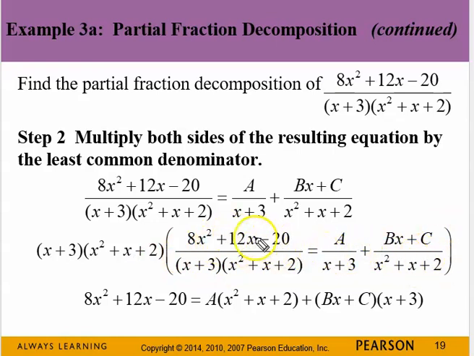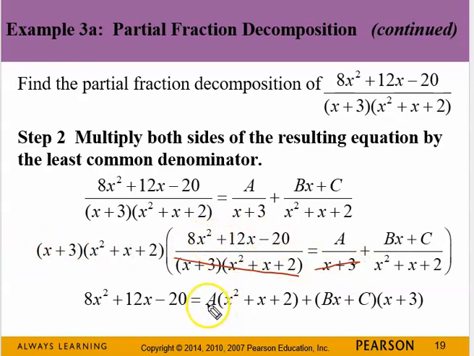So what happens here? Well, this is the easy part. Since this is the common denominator, all of this cancels with this, and you're just left with the left side of the equation. Now we're going to take our a and multiply it by this, but we can cancel out the x plus 3.